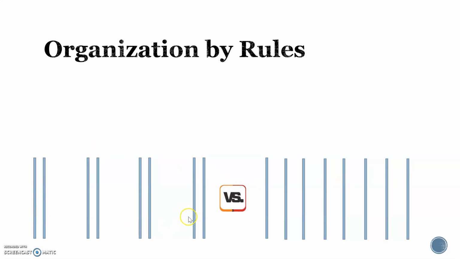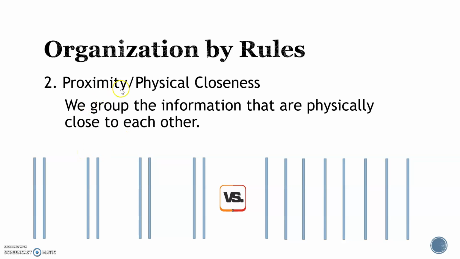So they're actually the same thing, but depending on where these lines are placed on the screen, we give them different descriptions, right? 4 pairs, 8 lines. So that is the second way we organize information: by their physical location, or we call it proximity or physical closeness. That is, we tend to group the information that is physically close to each other.